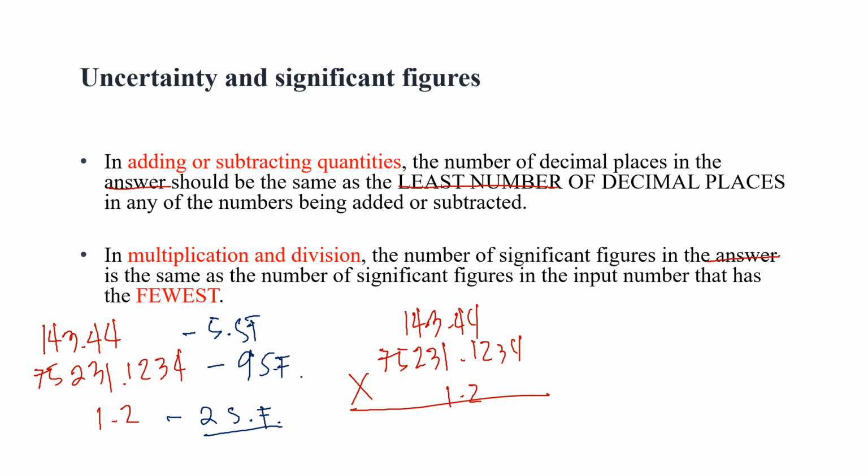You have 143.44 times 75,231.1234 times 1.2. By using your calculator, you will actually get a number this large: 12,949,382.81. Okay, you have that large number.